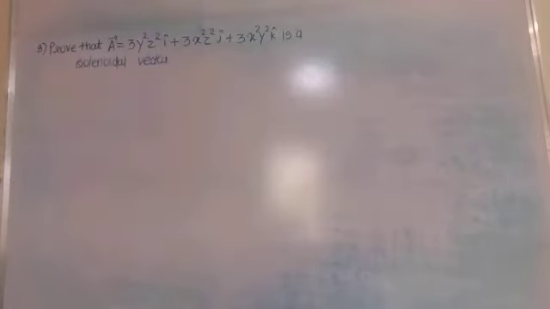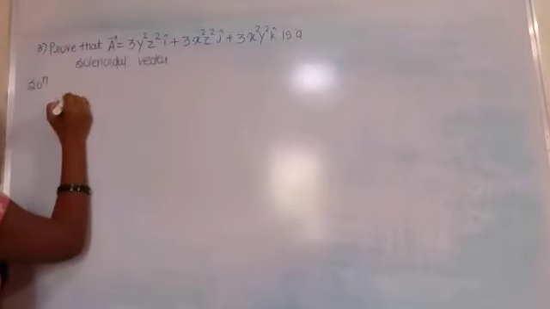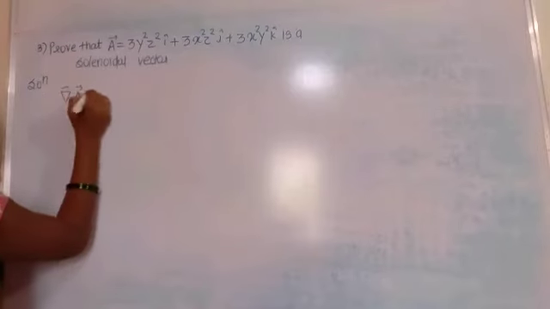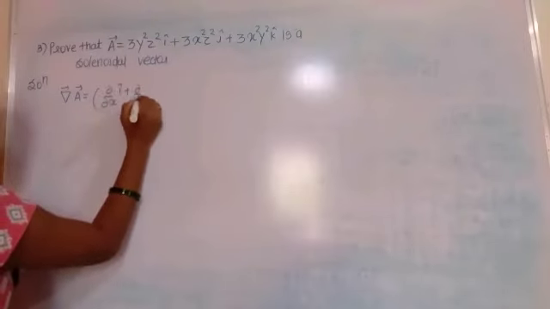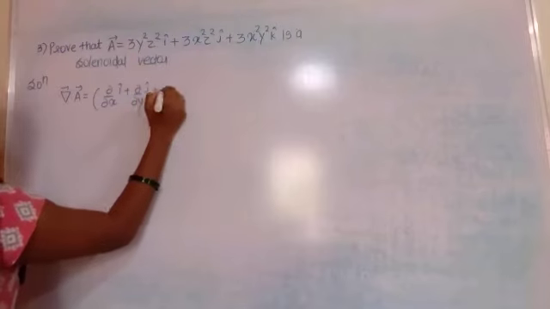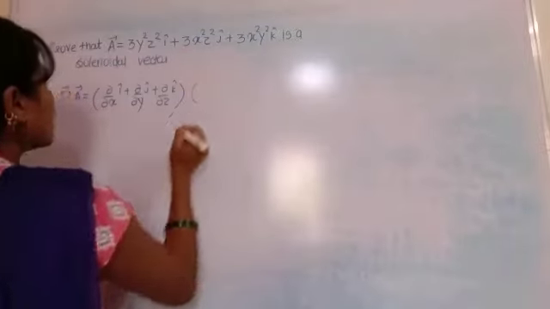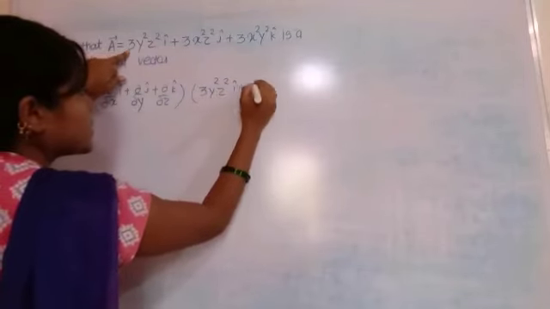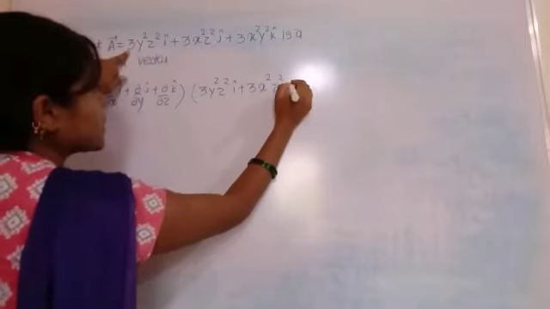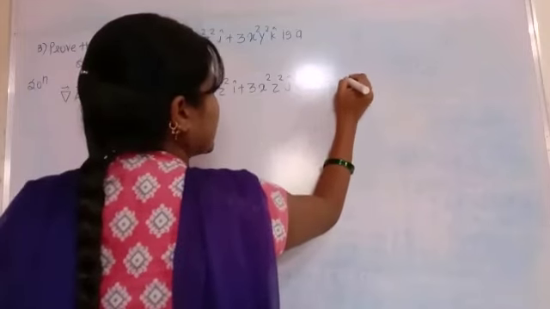So firstly we calculate the divergence of A, which means operator dot vector A, that is the operator del by del x i plus del by del y of j plus del by del z of k, into 3y square z square i plus 3x square z square j plus 3x square y square k.